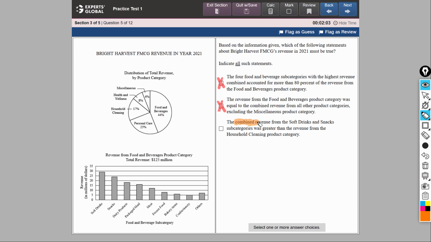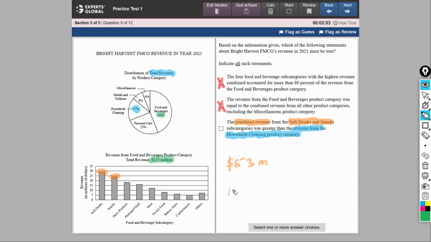The combined revenue from the soft drinks and snacks is simply 29 plus 24. It is $53 million. And the revenue from the household cleaning product category is 17% of the company's total revenue. We know that 44% of the company's revenue is $125 million.